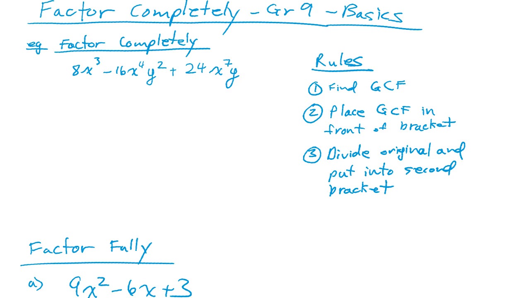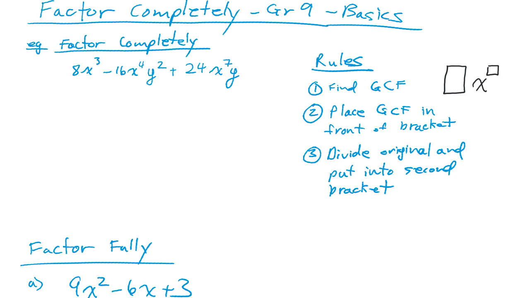So if I was looking at this problem, I would have to say, okay, there is a coefficient, there is an x term that is shared by all three of these terms here, but there is no y. So I'm going to tell you right away that we have a coefficient.